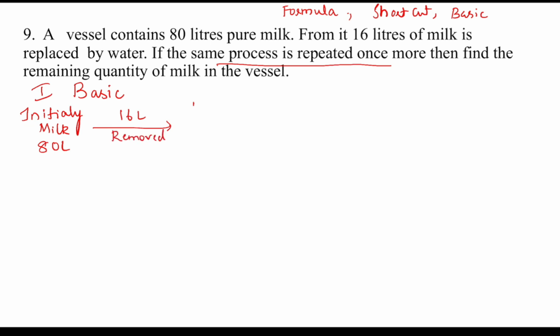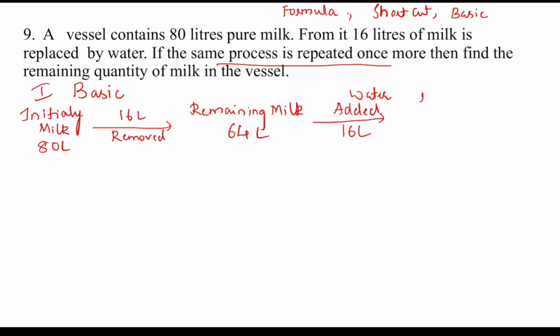Then remaining will be how much? If 16 liters is removed from 80 liters, the remaining milk will be 64 liters. Then what is added? Water is added, the same 16 liters.